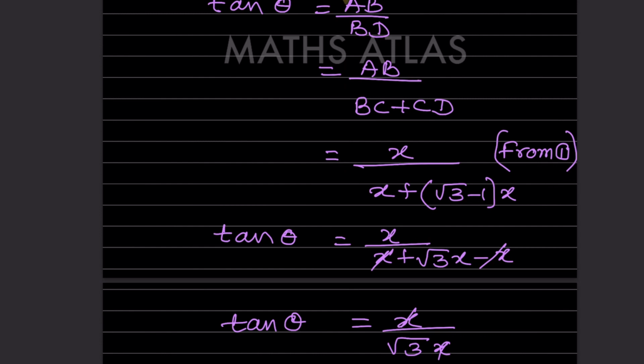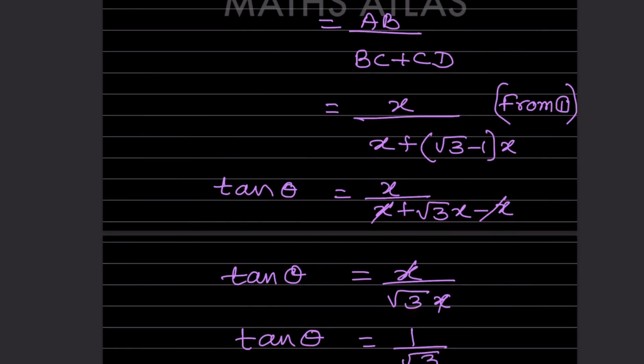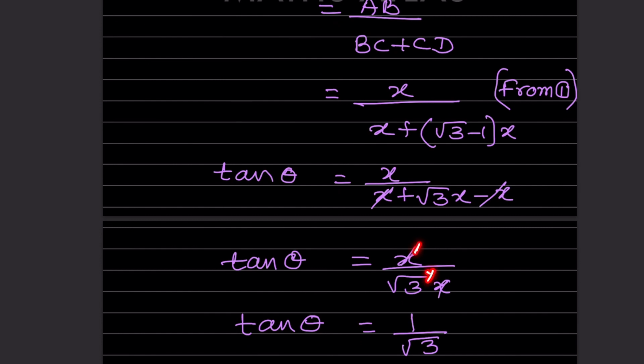So now tan theta is x over x plus, and when we expand this, we get root 3x minus x. Plus x and minus x get cancelled. So what remains in the denominator is root 3x, which is multiplication, so x and x get cancelled.